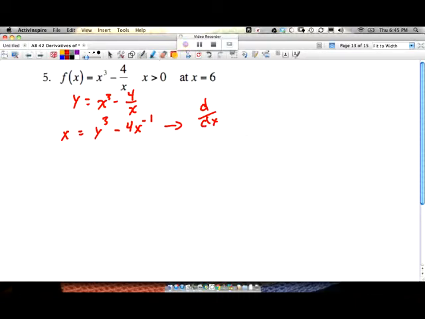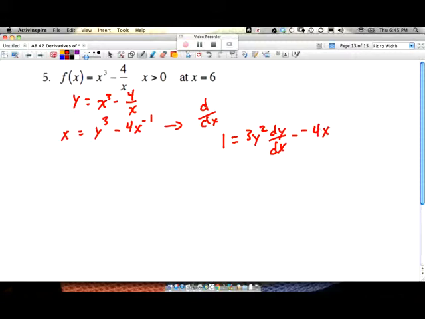Okay, so now I'm going to take the derivative, and that means that I would have 1 on the left side, because the derivative of x with respect to x is just 1. And the derivative of y cubed is going to be 3y squared dy dx. And the derivative of the second term, a little bit more complex. The negative 1 drops down, and we still have the minus, so it's like minus 4y.